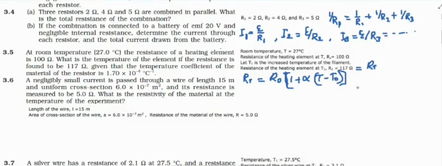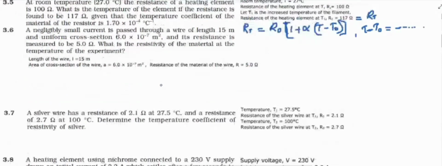In that question, first find the value of T minus T naught. Rearrange the formula and find the value of T minus T naught. Once you get the value of T minus T naught, substitute the value of T naught there and find the value of T.